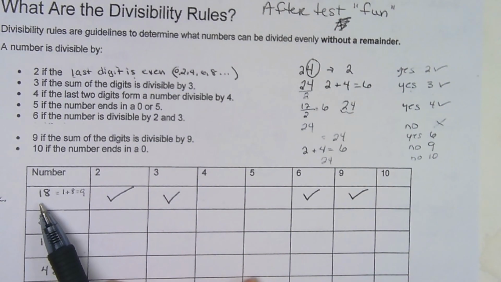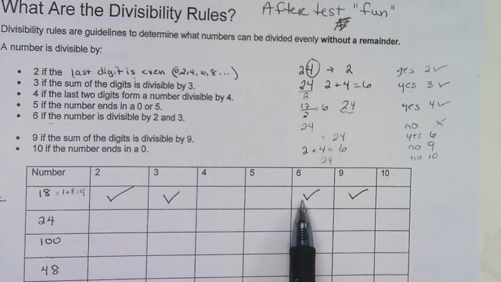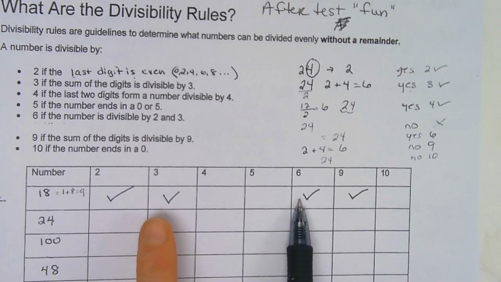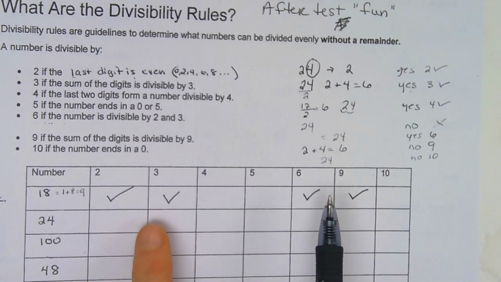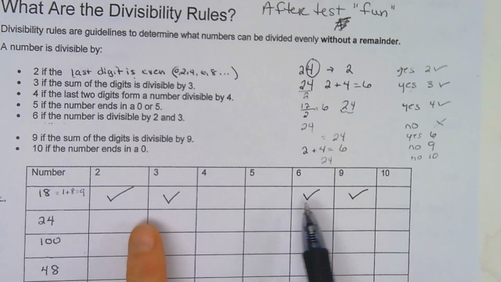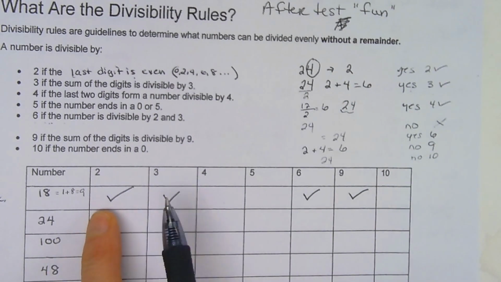If I divide it by 2 again, I can't. 9 is not an even number, so it's not divisible by 4. It's not divisible by 5 because it doesn't end in 5 or a 0. It is divisible by 6 because we know 6 times 3 is 18, but we can also tell it's divisible by 6 because it's divisible by 2 and 3.